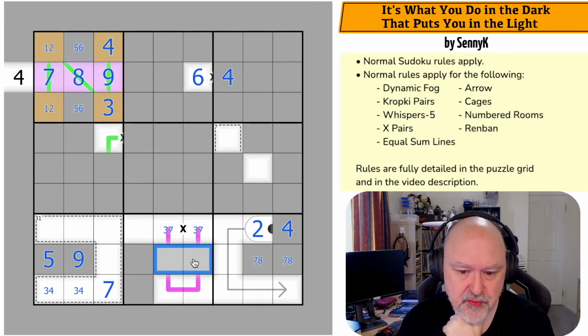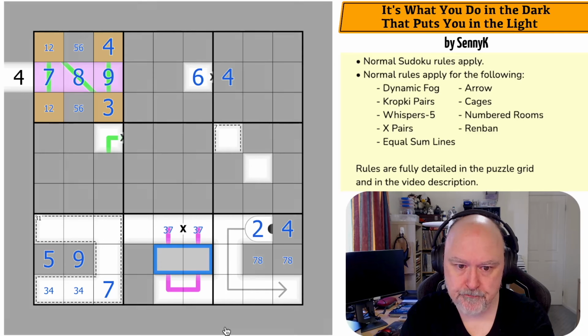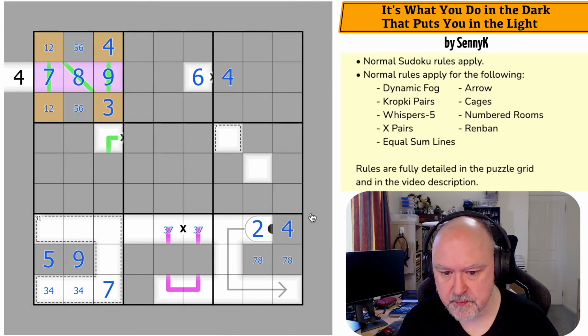I can't disprove anything from those cells though. So what can I do, because if this line was to go out here and do something like that, this could get as high as I wanted it to. But I could disprove 1, 9.